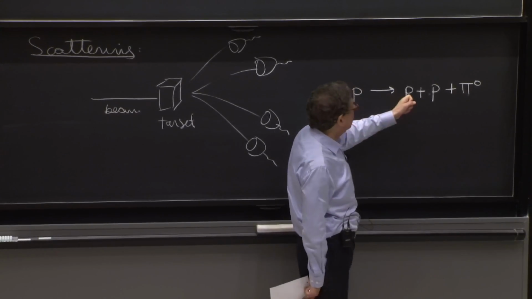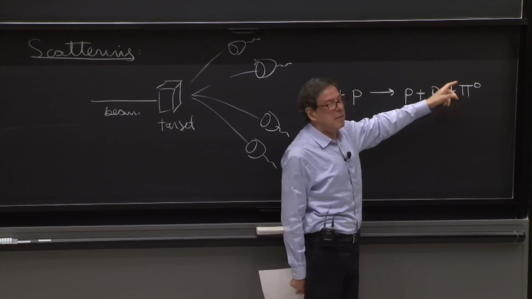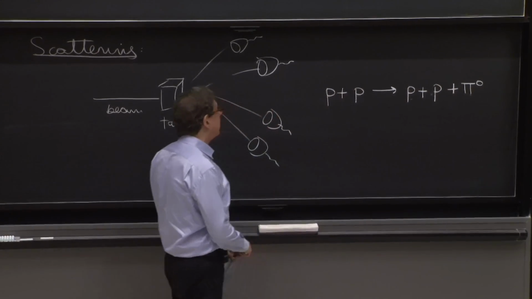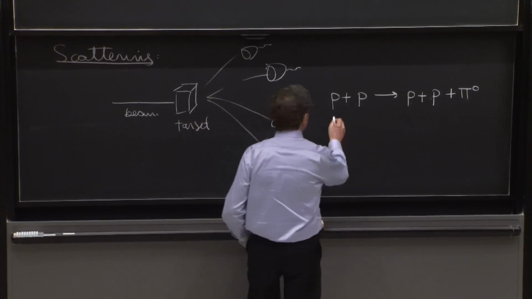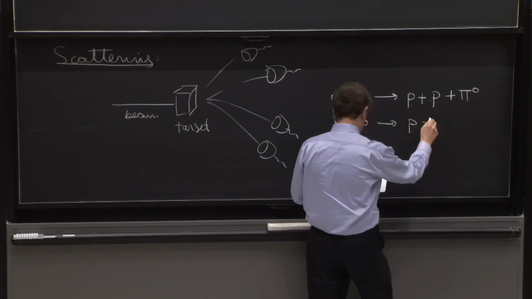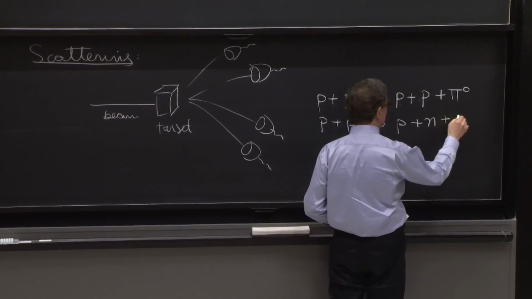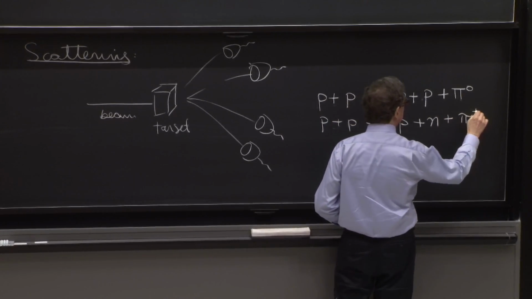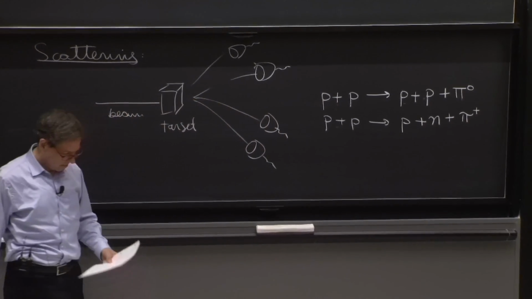Proton and proton go to proton and proton, so charge is conserved. And pi zero is neutral, so that, for example, can happen. Or proton plus proton can go to proton plus neutron. Now charge is not conserved, but this time a positively charged pion called pi plus.